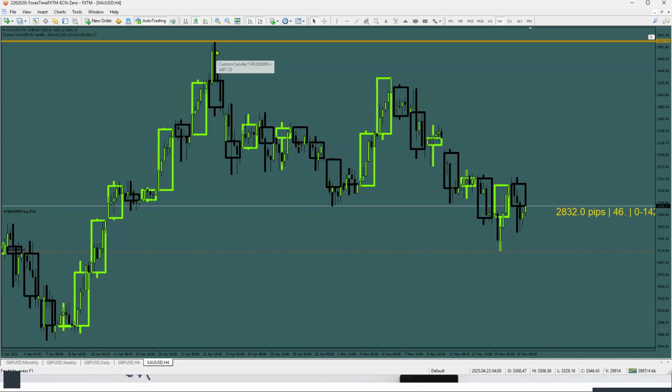So the 4 hour started from here, came down, got here, did 2 candles to the left, 2 candles to the right, and then started going up. Got here, did 2 candles to the left, 2 candles to the right, came down. Again 2 candles to the left, 2 candles to the right, went up a little bit. Now all this movement on the 4 hour is not visible on the daily. Can't see them on the daily.